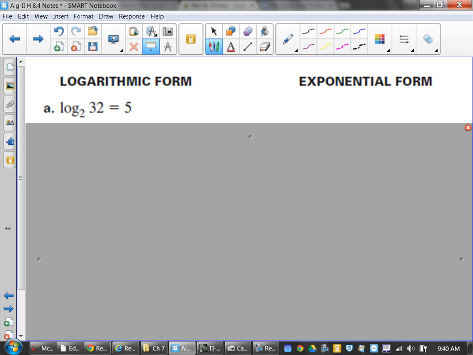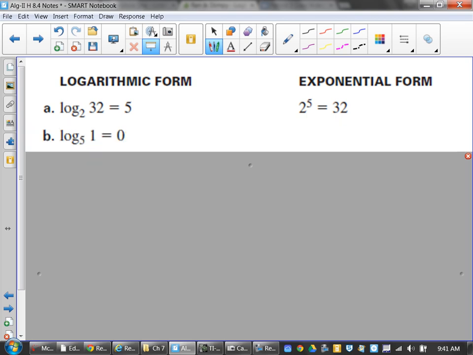In exponential form, that just means 2 to the 5th is 32. Makes sense, right? Because we know it's 2 to the 5th power. Same idea here. Log base 5 of 1 equals 0 because 5 to the 0 is 1.